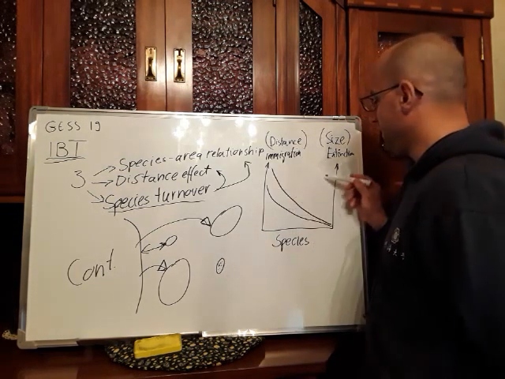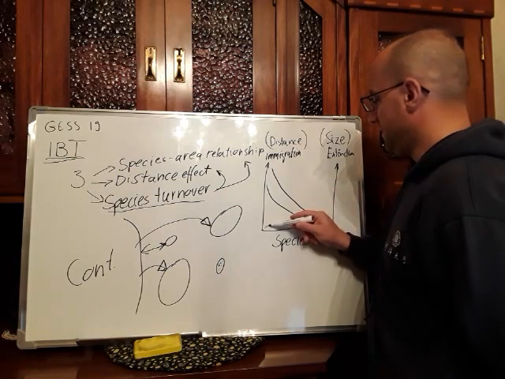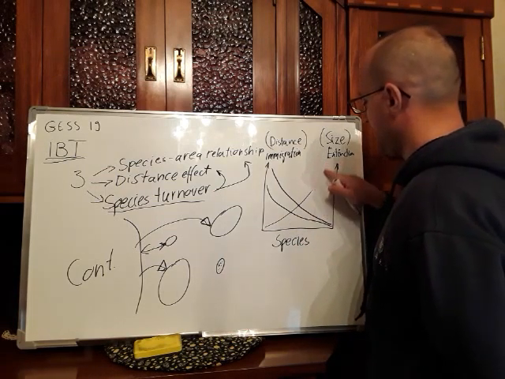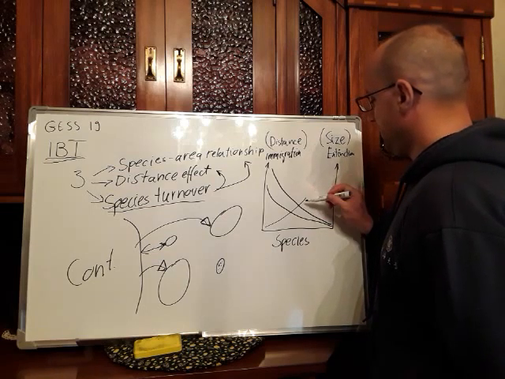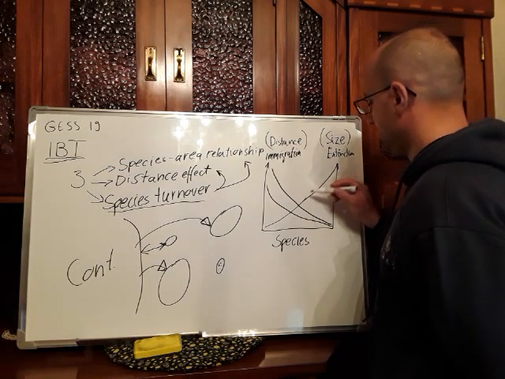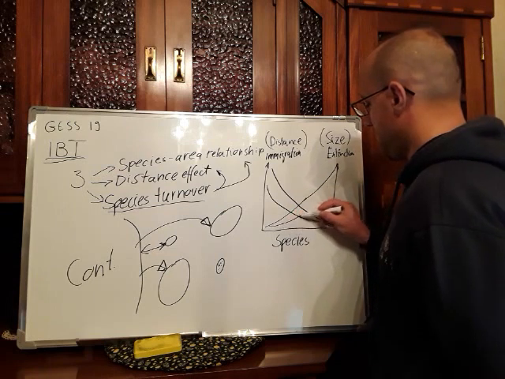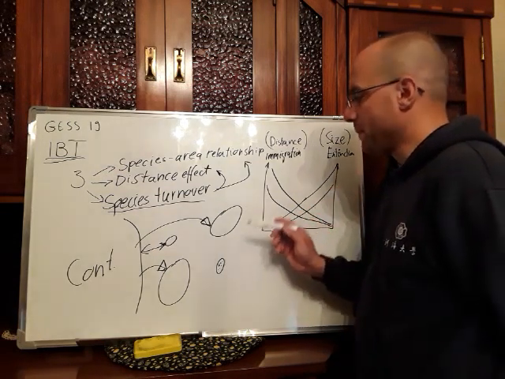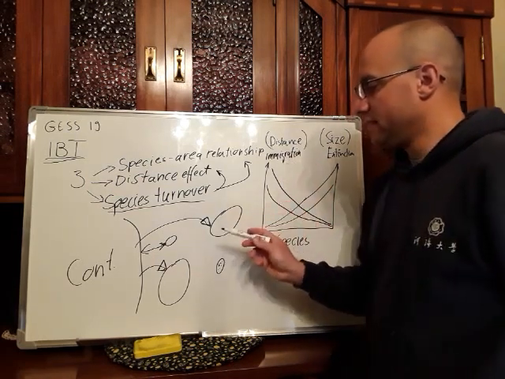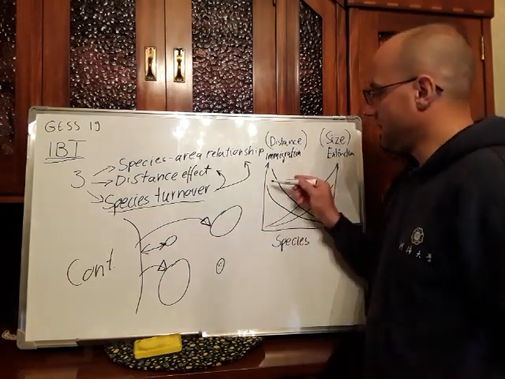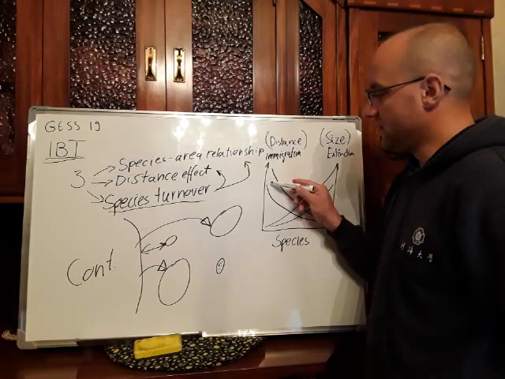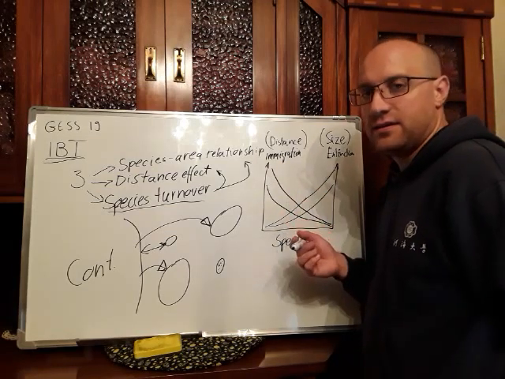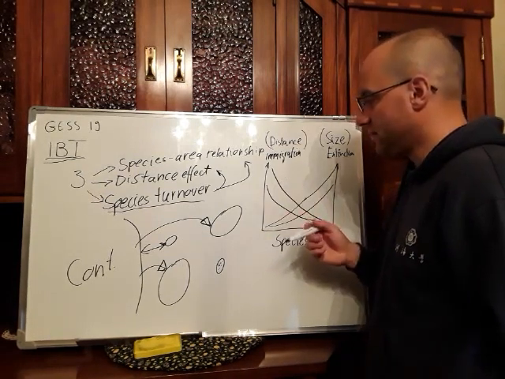And what we have here then, again, I just make it perfect, different sets of curves here. So what we would have for immigration is, in each case, a pool of possible species to colonize.